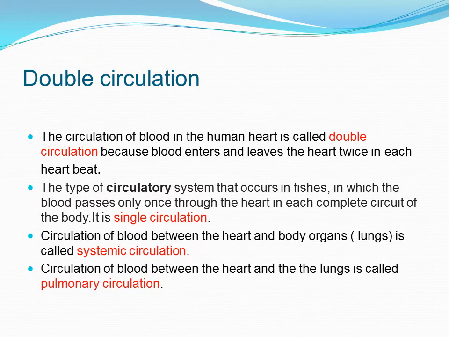The circulation of blood between the heart and the lungs is called the pulmonary circulation. Now we will move on to the pictorial representation of double circulation and what systemic and pulmonary circulation are.